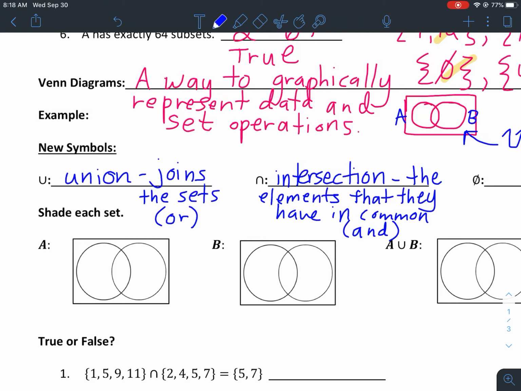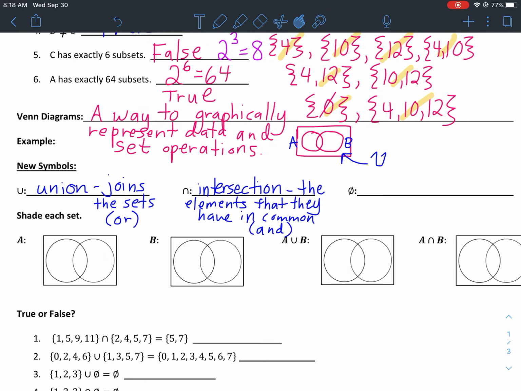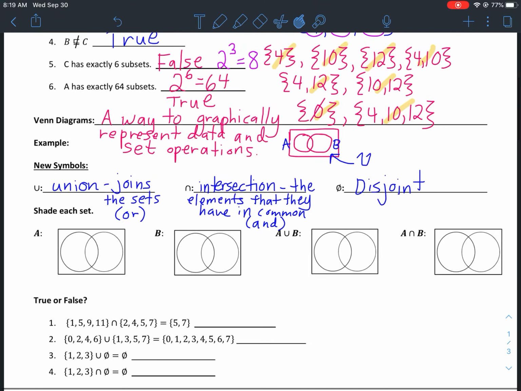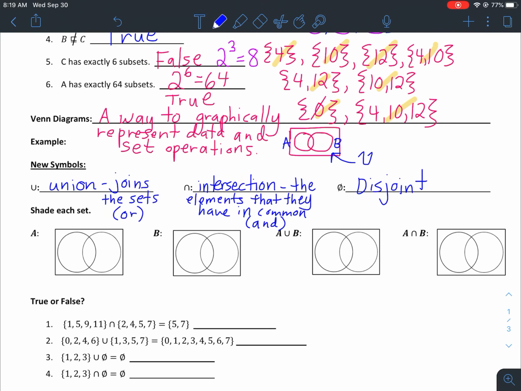Sometimes you'll hear people say the intersection is the overlap region. It's what's in both sets, so it's what they have in common. And the no solution kind of symbol, we talked about how that meant empty set earlier. It also means disjoint, which in set theory means that they have nothing in common.